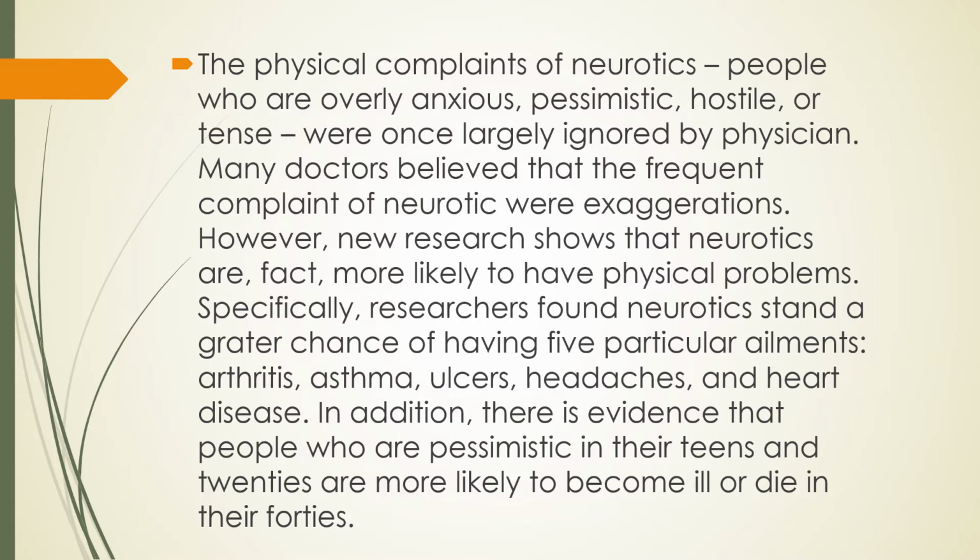Specifically, researchers found neurotics stand a greater chance of having five particular ailments: arthritis, asthma, ulcers, headaches, and heart disease. In addition, there is evidence that people who are pessimistic in their teens and 20s are more likely to become ill or die in their 40s.